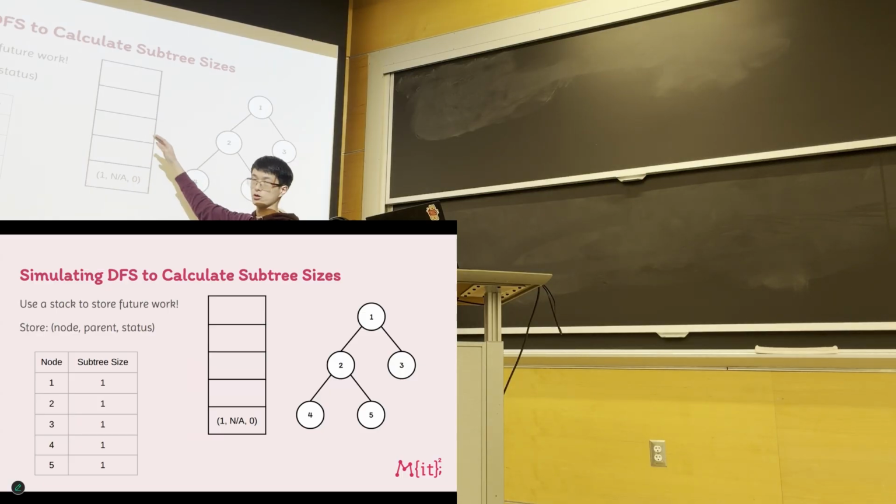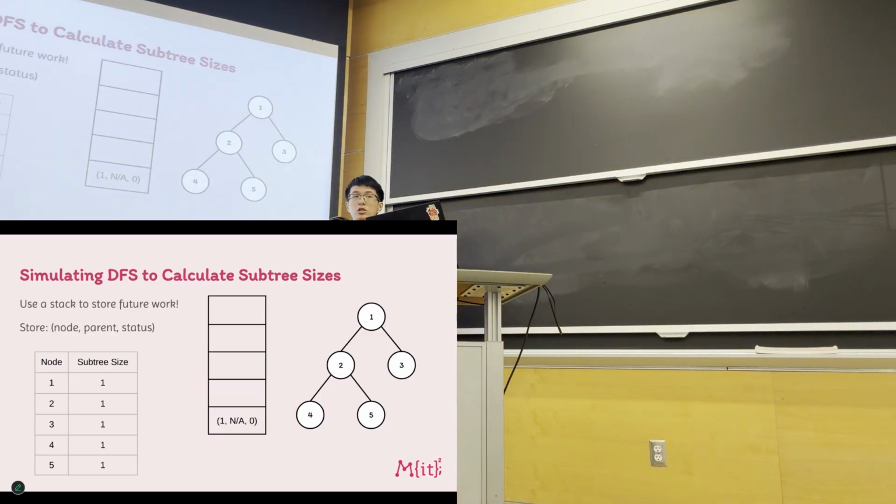So the list will grow upwards and we'll only remove from the top. In the stack, we'll be storing the node we're currently at, the parent of the node, and a status. It'll either be 0 or 1, where a 0 means we haven't processed it yet, and a 1 means we've already processed it.